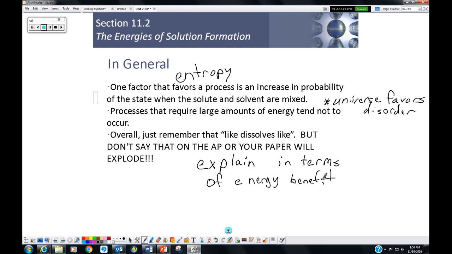From the past couple of units, we need to look at whether this reaction is going to happen due to the energy available. This won't mix because it's not energetically favorable. But it does look really, really cool.